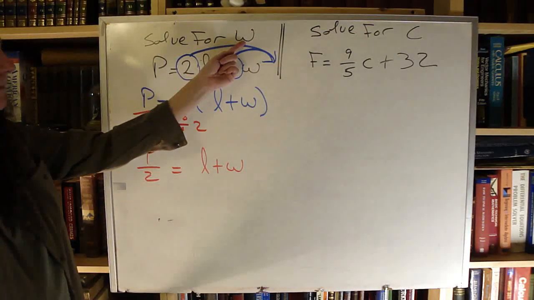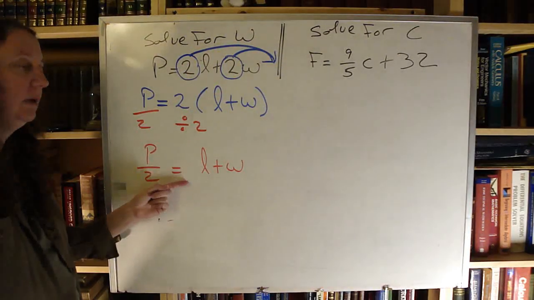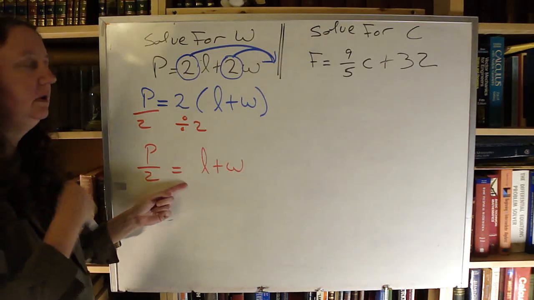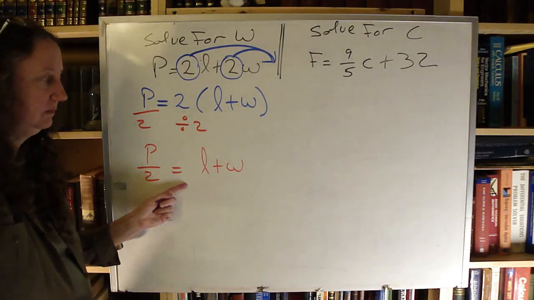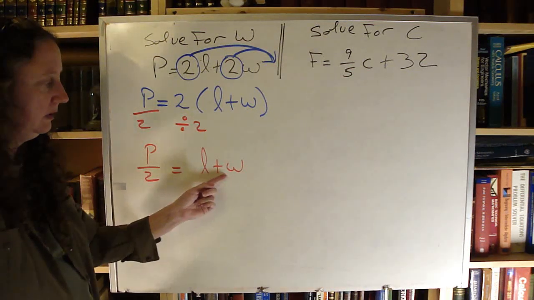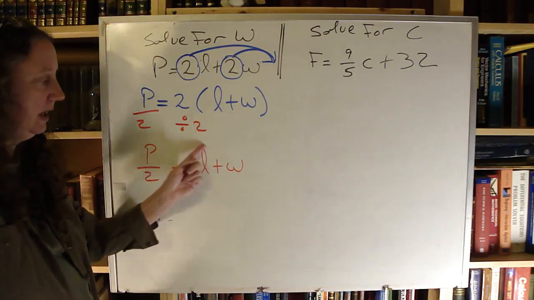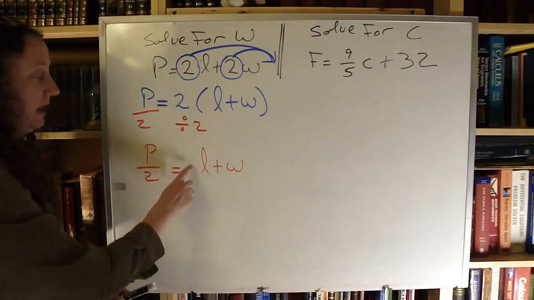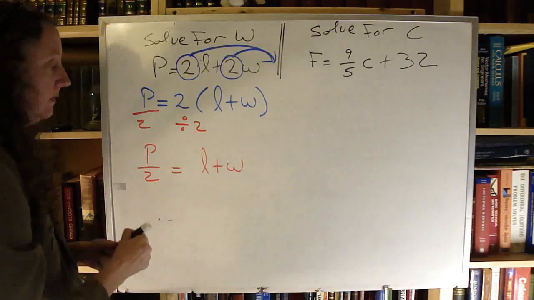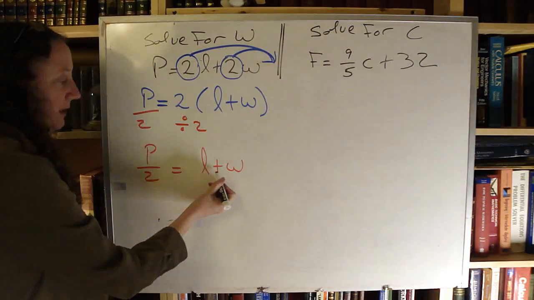Solving for W. Is W 100% completely alone on its side of the equal sign? No. It still has this L in here. So I need to get rid of the L. It's being added.